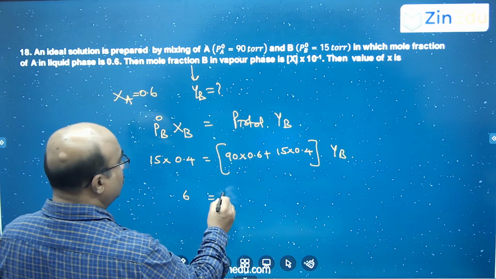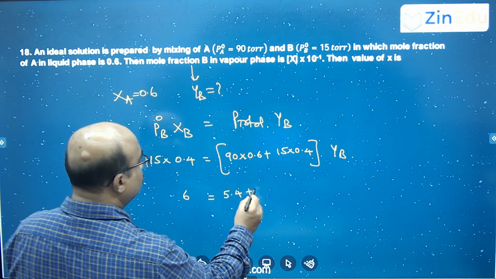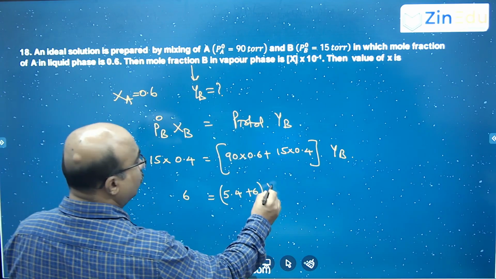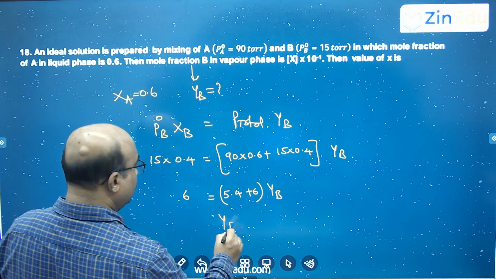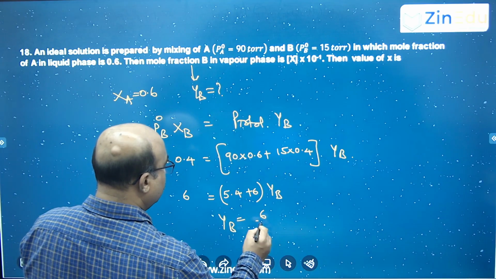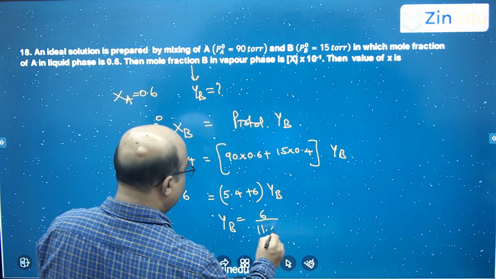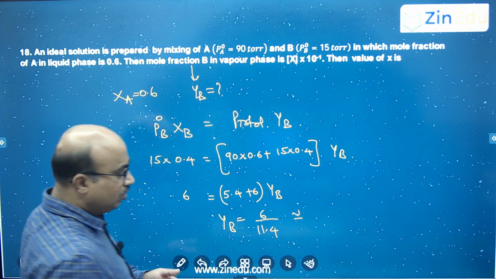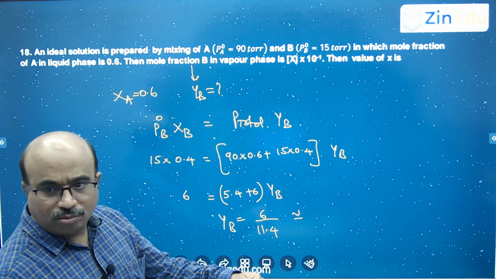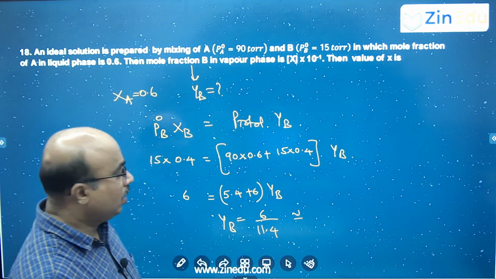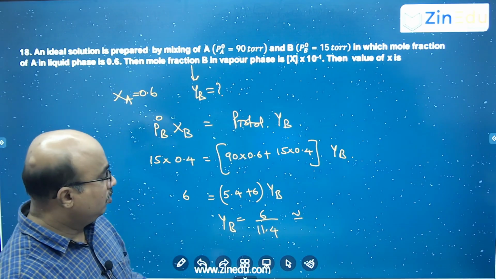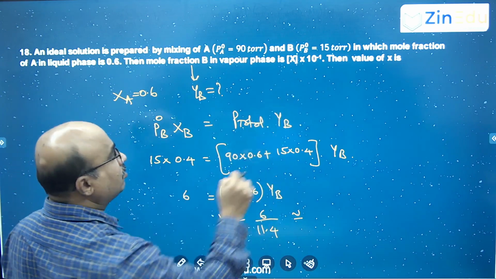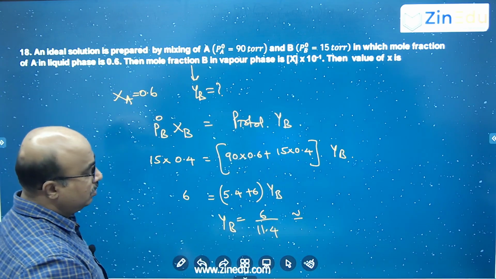So it is 5.4 plus 6, which is 11.4, times YB. So YB will be 6 by 11.4, nearly around 0.5. Then he asked about x into 10 to the power minus 1.